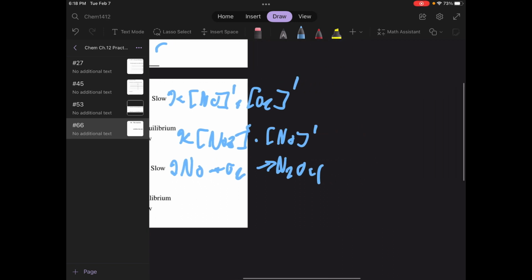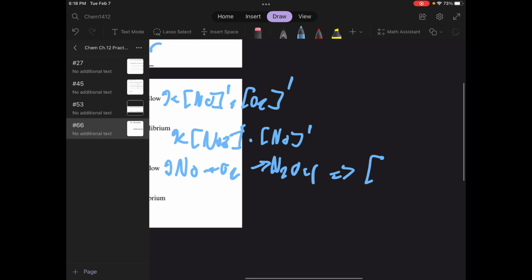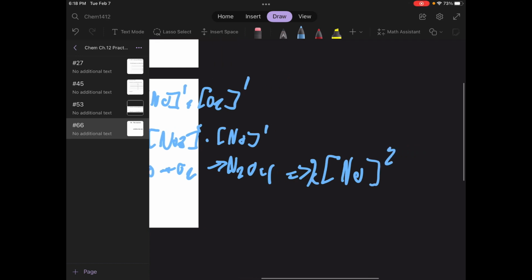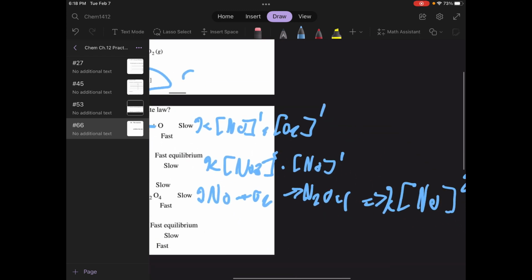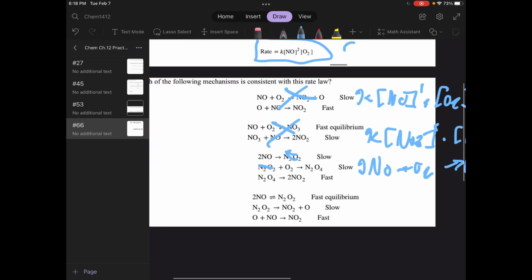Writing the rate law for this one, we get k, almost forgot the k, [NO] squared times [O2] to the power of 1. We look at our rate law, and we see that this one does conform with it.